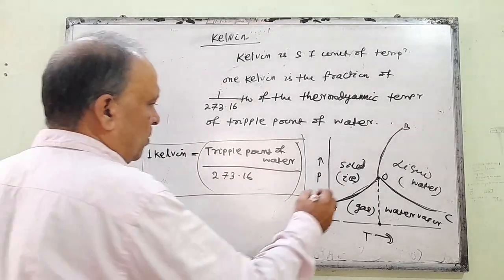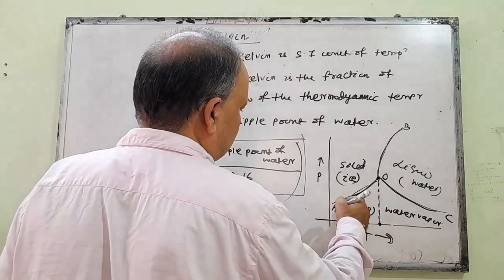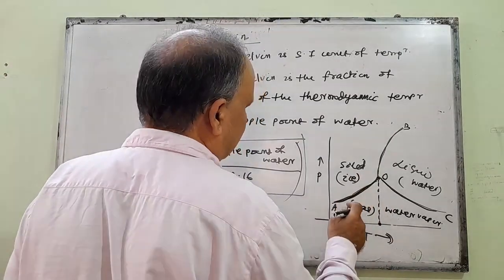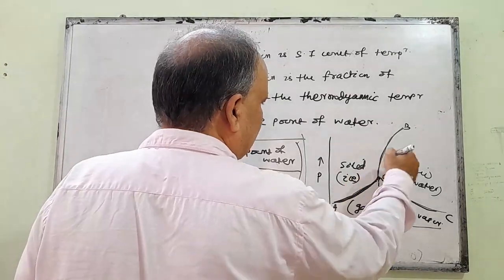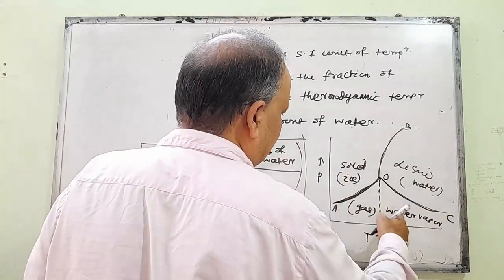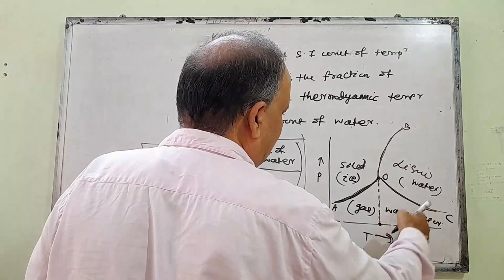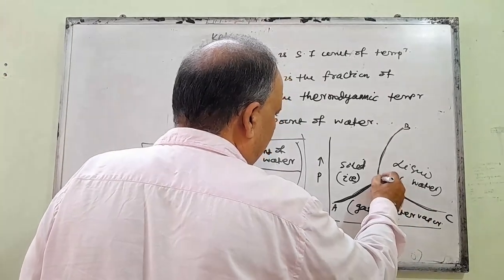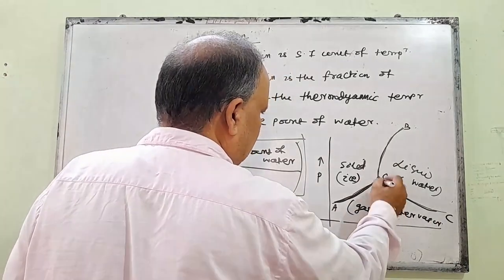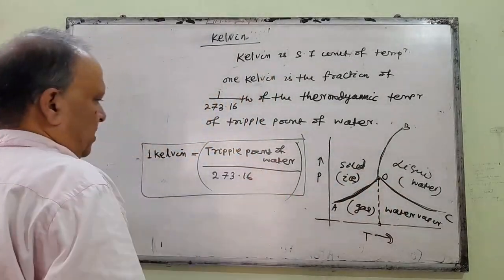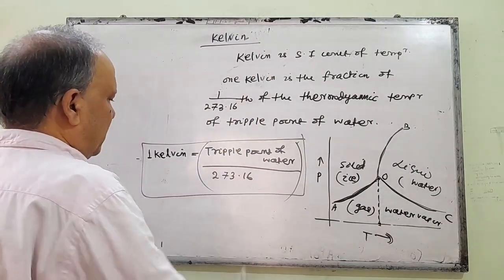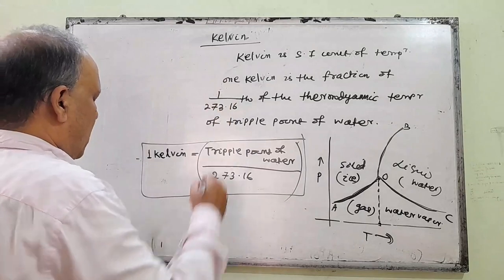The triple point is that temperature at which in OA solid and gas coexist in equilibrium, in OB solid and liquid coexist, and in OC liquid and water vapor coexist. At point O, all three states coexist, corresponding to this temperature, which is called the triple point of water. When this triple point of water is divided by 273.16, we get 1 Kelvin.